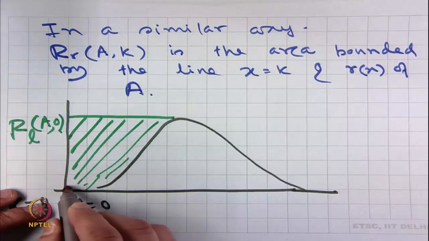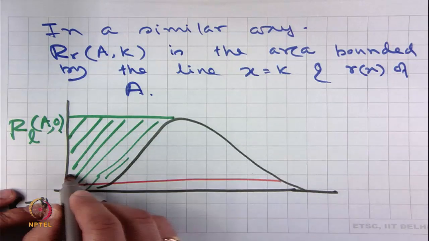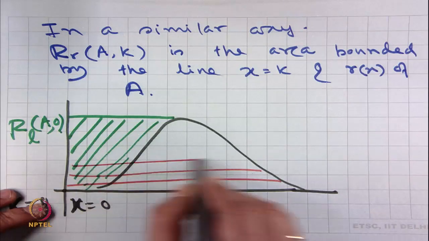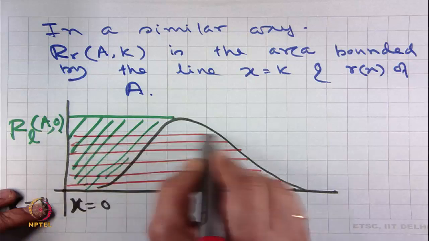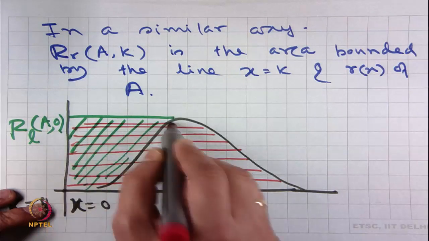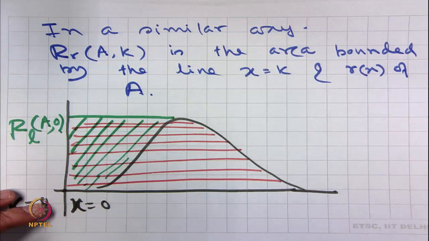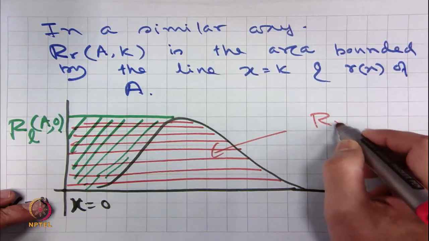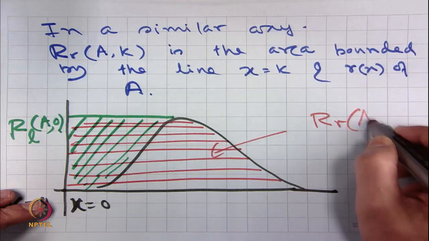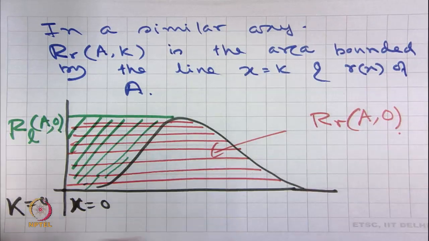Similarly, this entire area is R R of A comma 0.